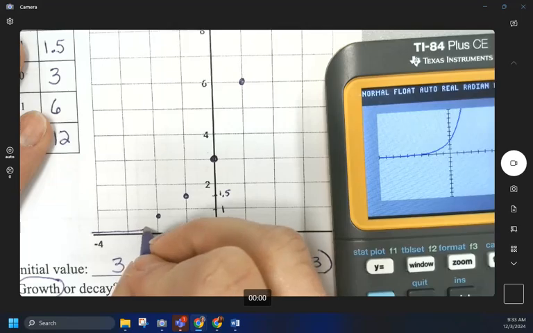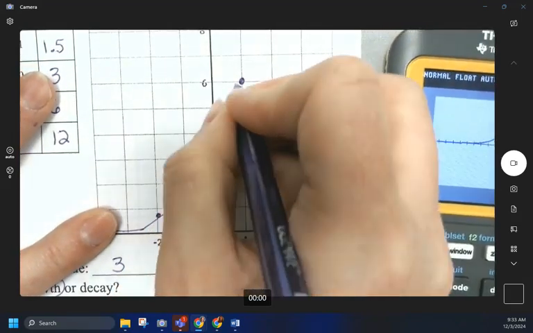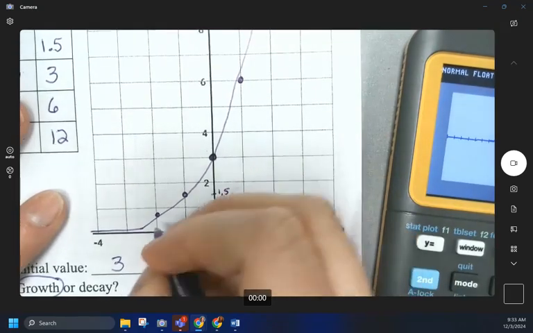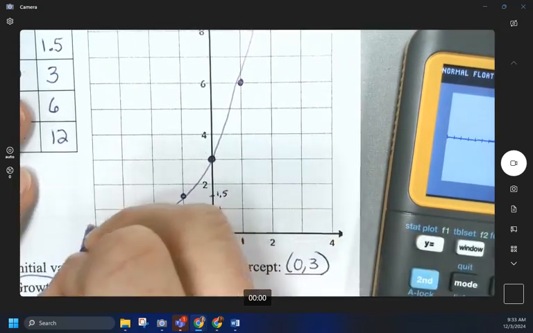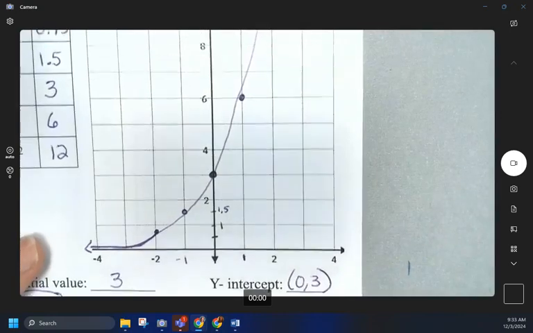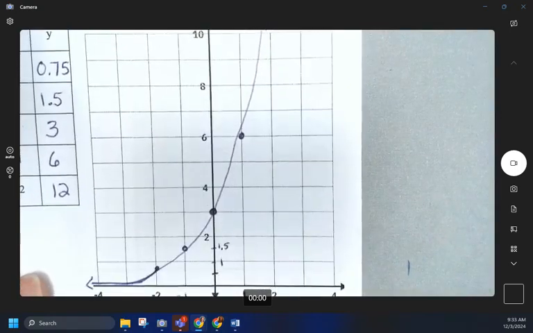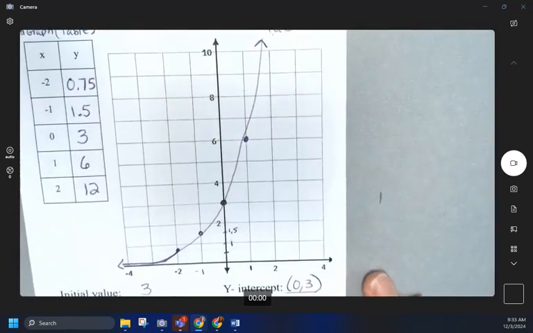And then it's going to go upward. So this should be more curved. But the more graphs that we do, the better we'll get at it. Okay, so it kind of looks like that. Make sure you put arrows on both ends. Okay, so that's the graph.